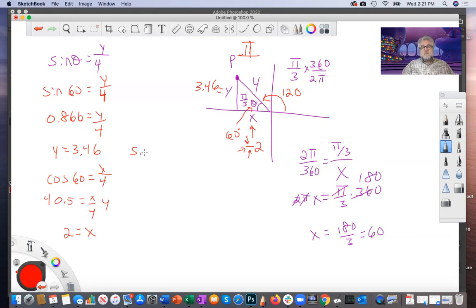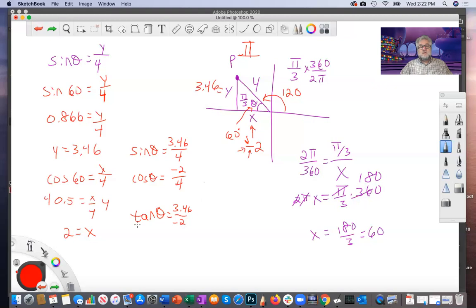Okay, so now sine theta we have is 3.46 over 4, and I'm not going to reduce these. You can reduce them later. So there's sine theta. Cosine theta would be -2/4, which would be -1/2. Tangent theta would be 3.46 over -2, so that's going to be a negative thing.